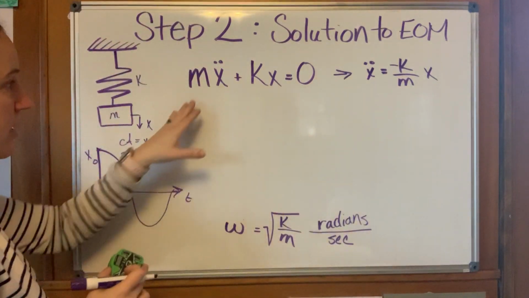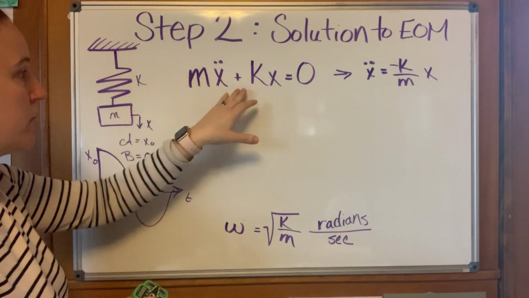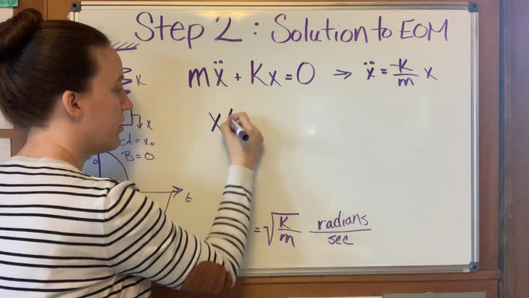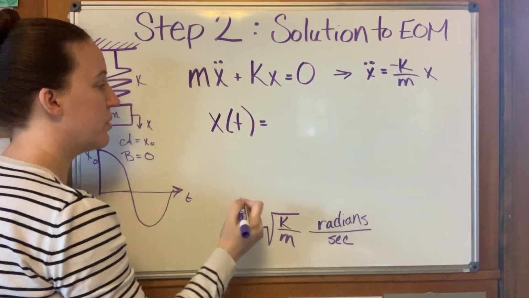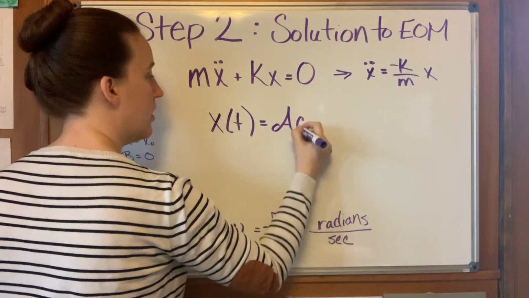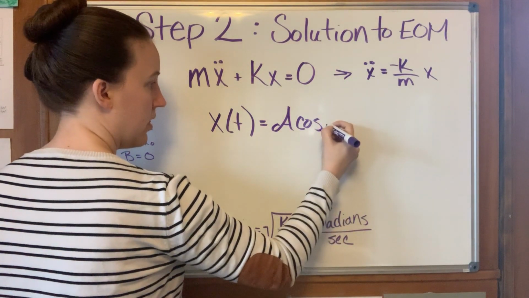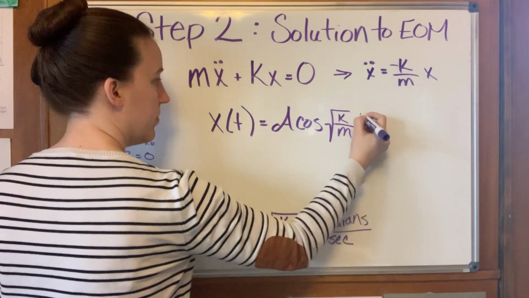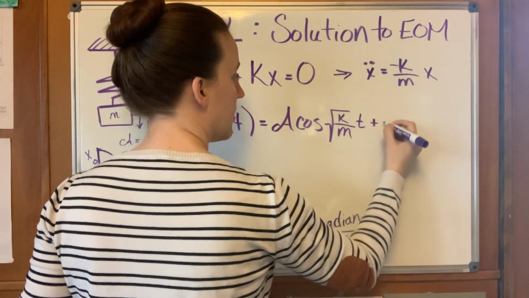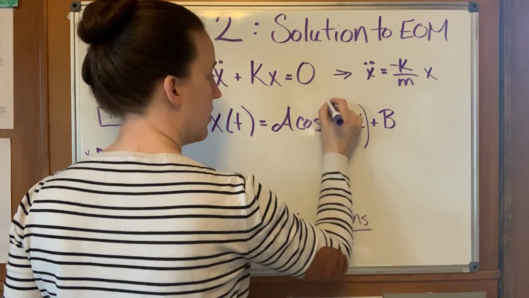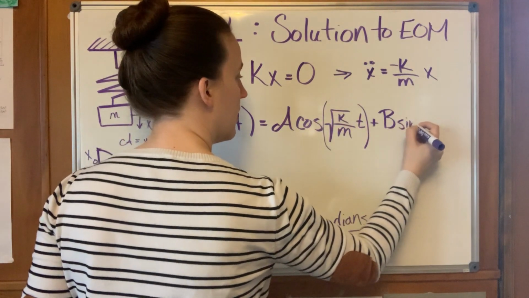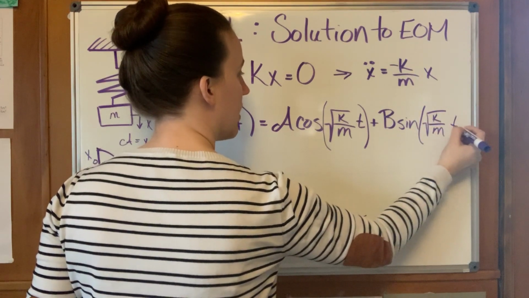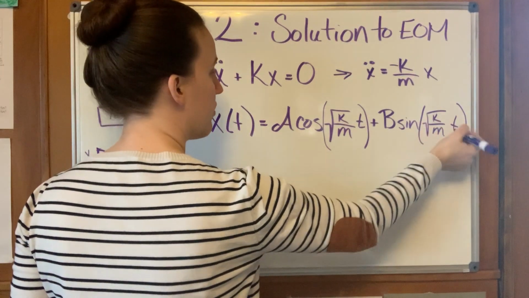When you get some equation with m x double dot plus k x equals 0, your solution is going to be x as a function of time equal to some amplitude times the cosine of square root of k over m times t, plus some amplitude times the sine of that same square root of k over m times t.